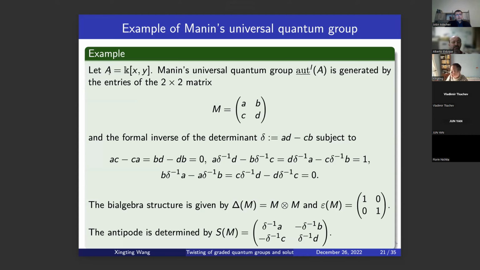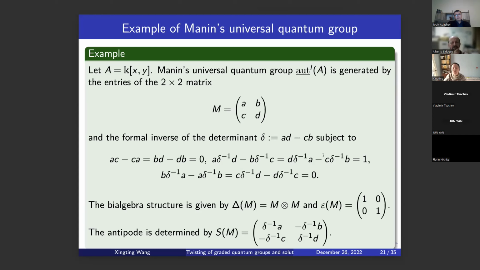I take the easiest one, the polynomial ring in one variable. In general degree, k[x], it's easy. It's just the group algebra of the cyclic group. But as soon as we jump to a polynomial ring in two variables, I can get a presentation of aut(A), which is generated by four elements a, b, c, d, with an inverse of this delta, ad minus bc, with these relations.